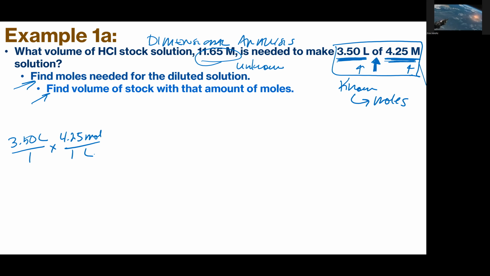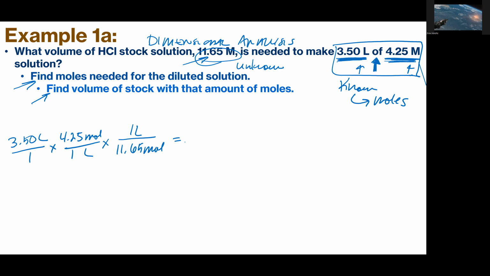Now we say, this is how many moles we need to make the dilute solution. Our stock solution has this many moles in a liter, so that's 11.65 moles in 1 liter. That's all we're going to do.